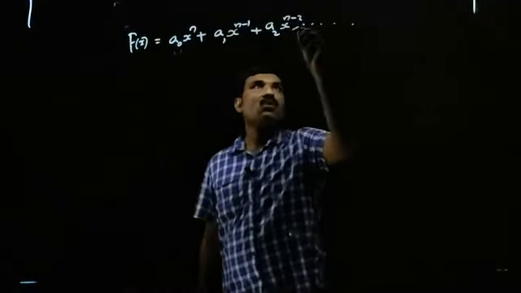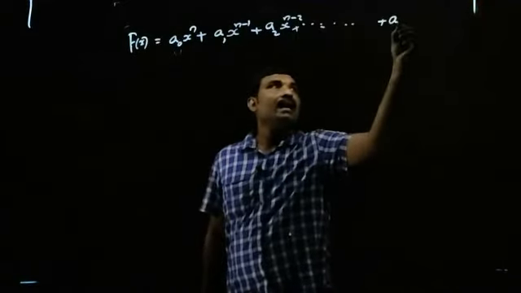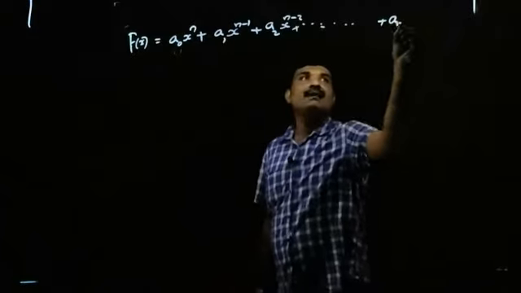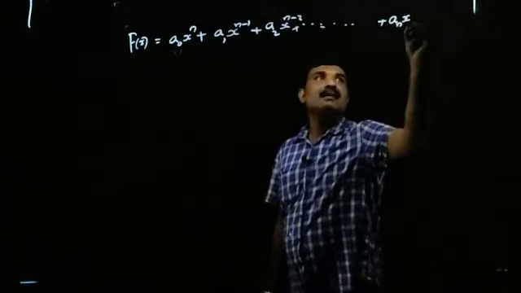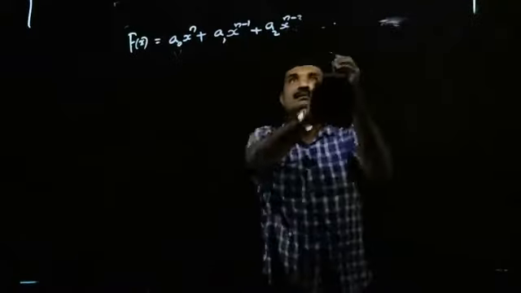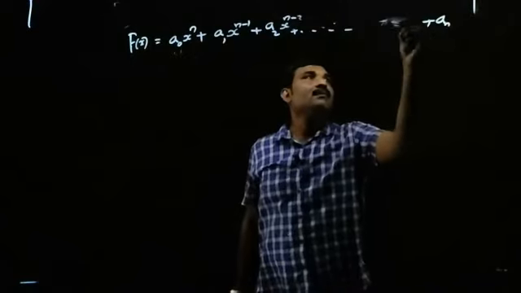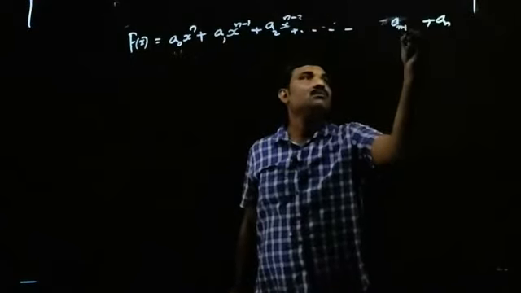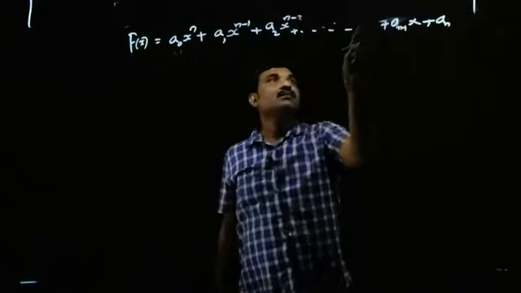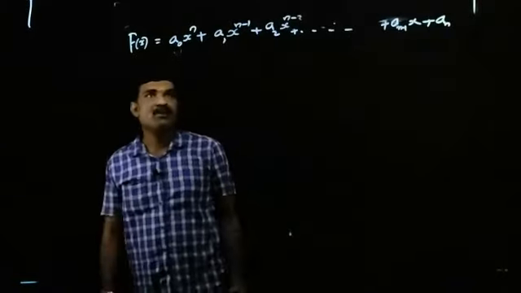This goes on, and the last term is a constant term a n. Before it, there is a n minus 1 x, and before this there may be a n minus 2 x square. So this is a polynomial function.